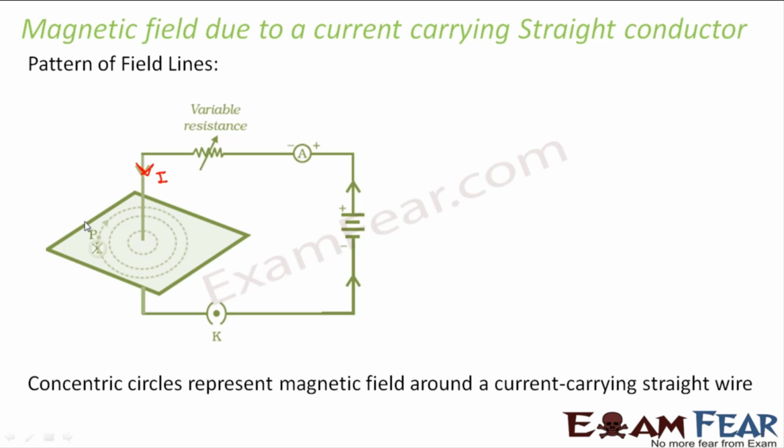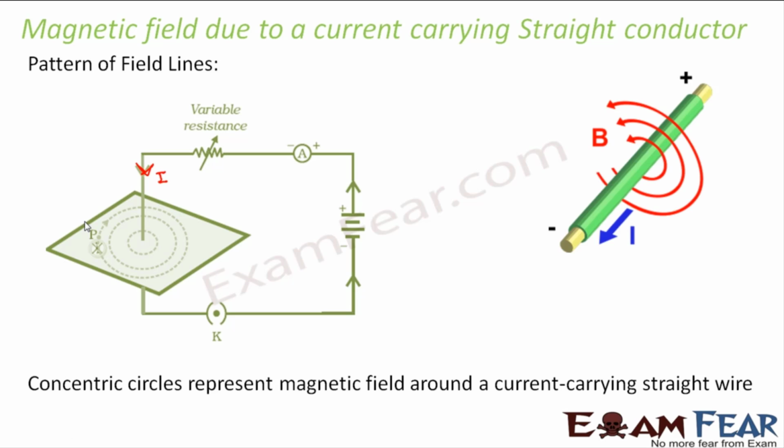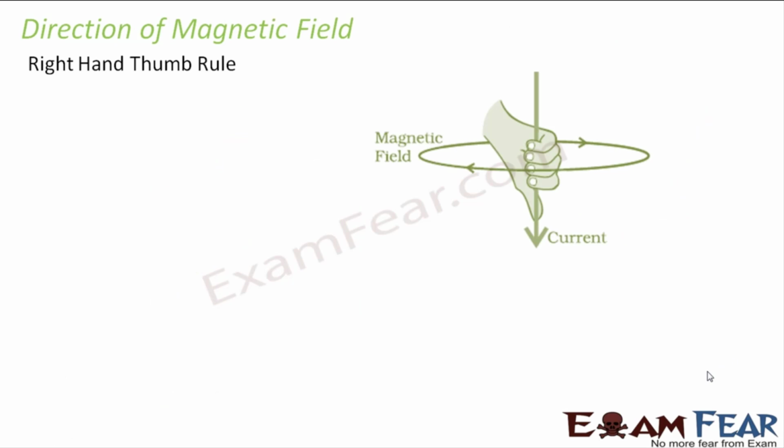They get arranged in the pattern of the magnetic field lines. That is what had happened in the case of the bar magnet also, right? So from this it was assumed that the magnetic field lines around a straight current carrying conductor are in the form of concentric circles. So concentric circles represent the magnetic field around a current carrying straight wire, right? So this was the pattern of the field lines.